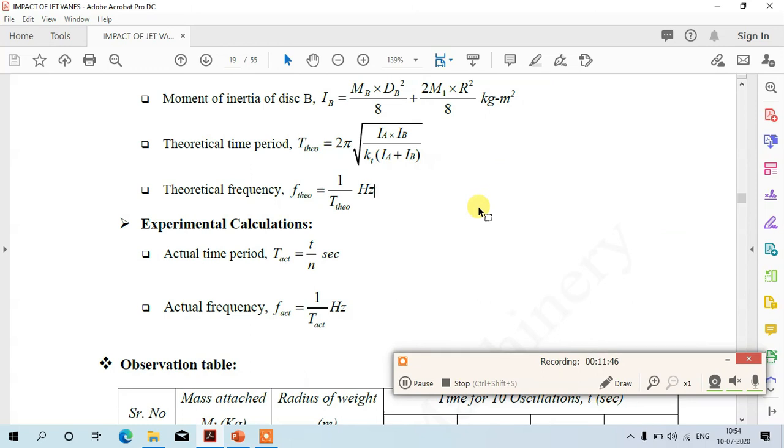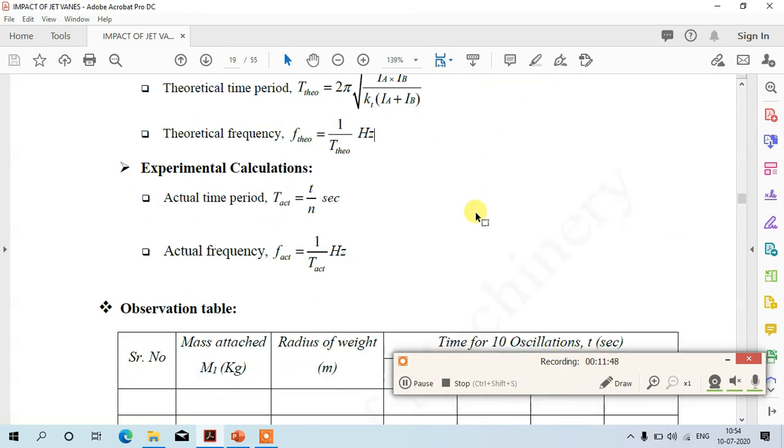If we go to the experimental contents, then the actual time period, this small t, is the time period measured for 10 oscillations with the help of a stopwatch. Small n is the number of oscillations. If we divide this time by the number of oscillations, we get the time period for one oscillation.